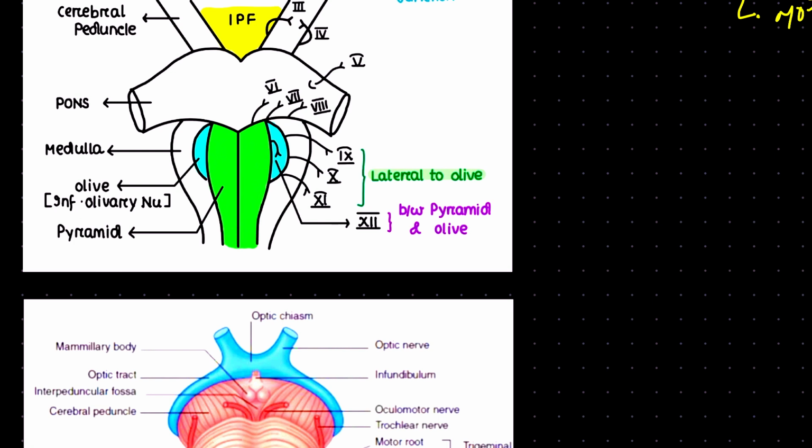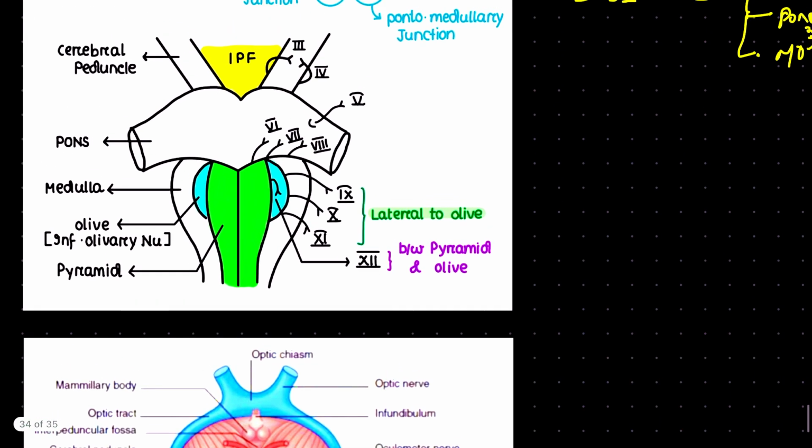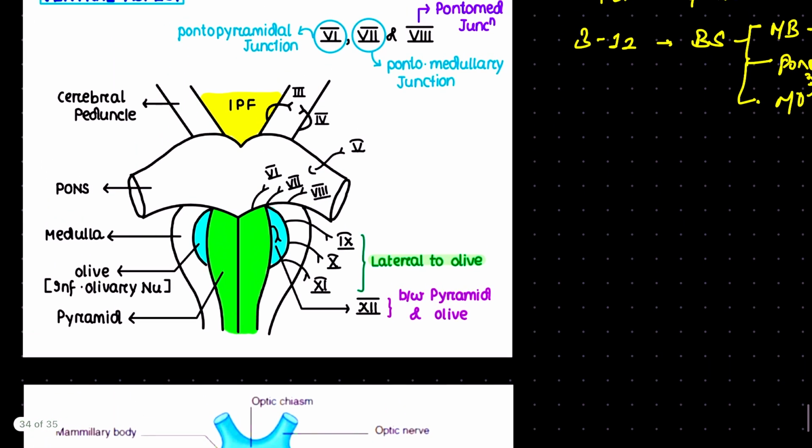Okay, now moving further, I think we are clear about these structures, I mean these diagrams. As I have already said, the 6th cranial nerve is arising from the pontopyramidal junction, the 7th cranial nerve from the pontoolivary junction, and the 8th from the pontomedullary junction. Why 8th? Because below we have the medulla oblongata and above we have the pons.